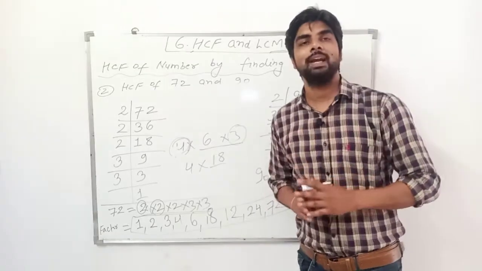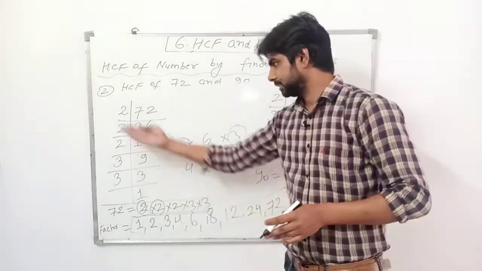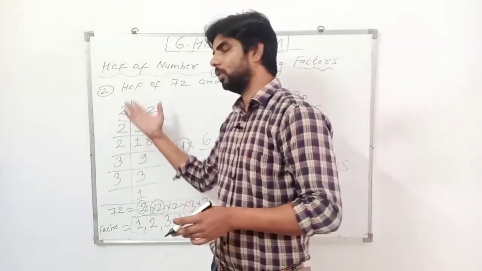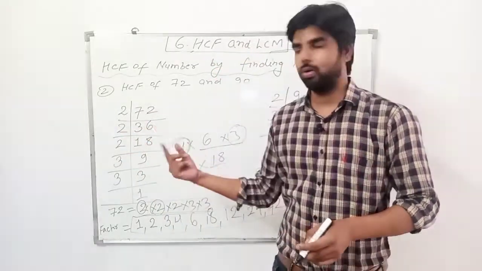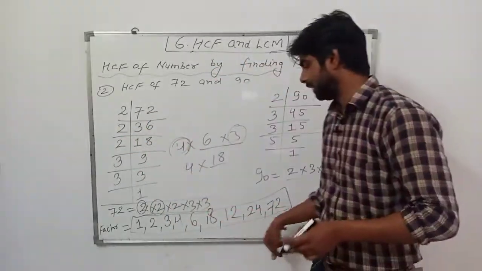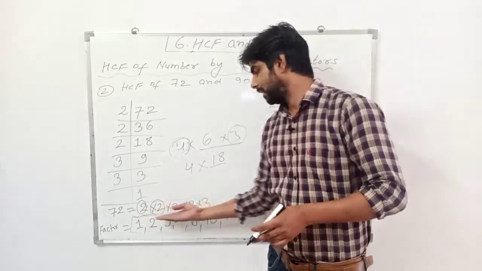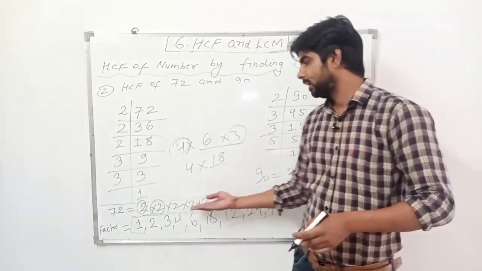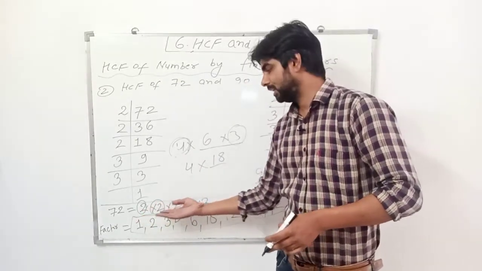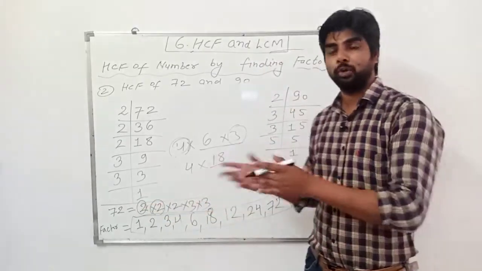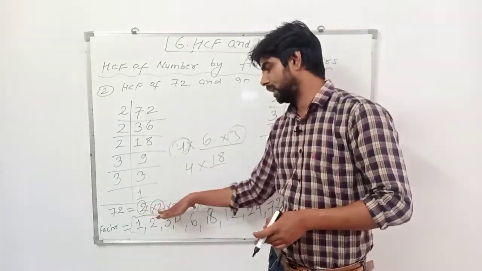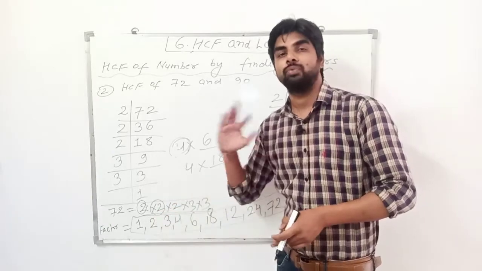Okay, and how do we get these factors? The first factors we get from this table. We take out all the numbers single times and we get the factors, and we write them as a product, and we get the rest of the factors by multiplying them with each other or by grouping them. Okay, if we multiply 2 by 2 we get 4, that means 4 is also a factor.